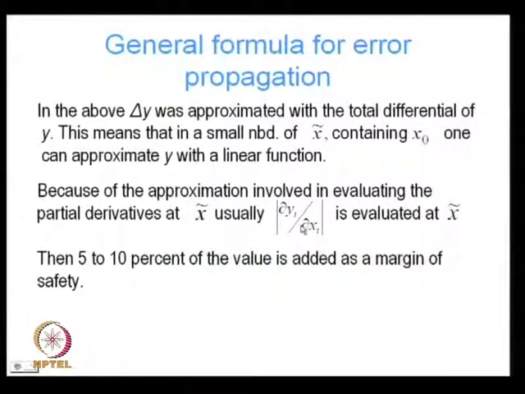So, what is actually done is that although we evaluate mod of del y del xi at x tilde, 5 to 10% of the value is added as a margin of safety, because we are not evaluating del y del xi at the exact point xi, but at x tilde, which is the approximate value.